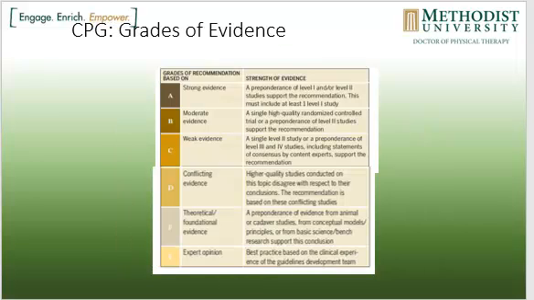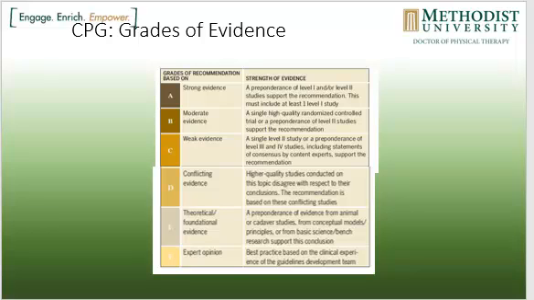So with this, they look at the evidence to support or refute either a diagnostic test, a method of diagnosis, prognosis, or interventions. And they determine if the evidence provides strong evidence. They rate that as an A. And this is when they have a preponderance of level 1 and some level 2 studies to support that recommendation.